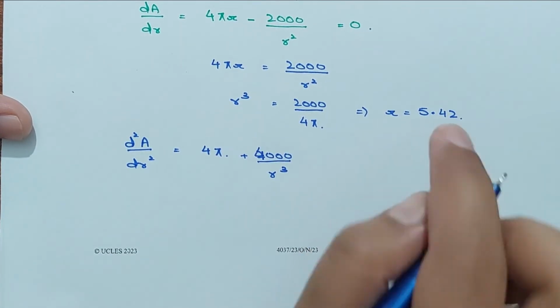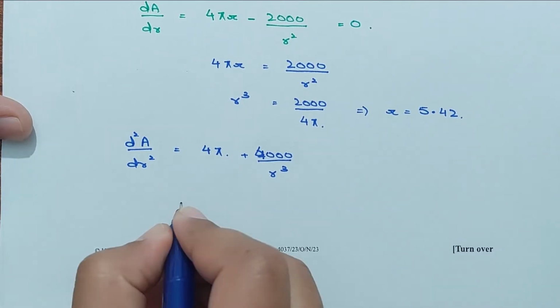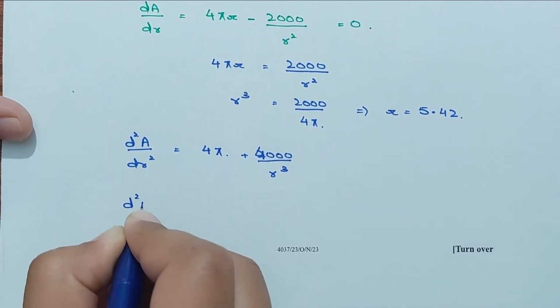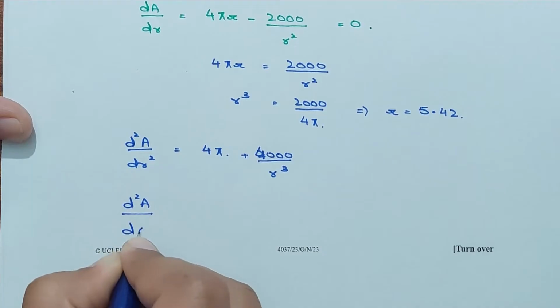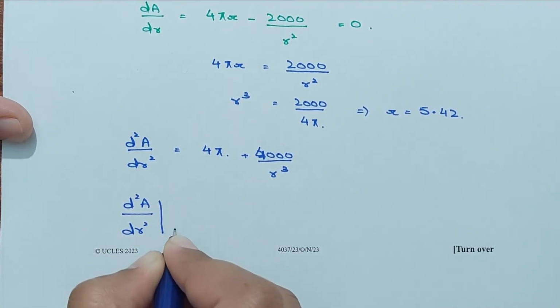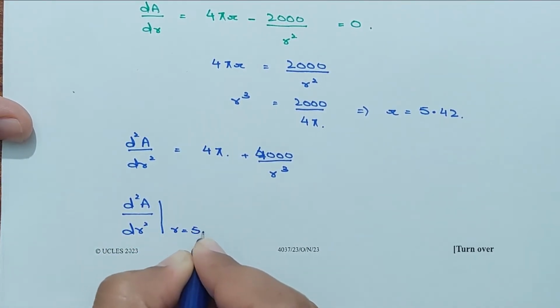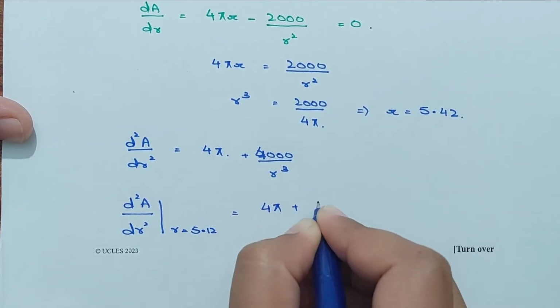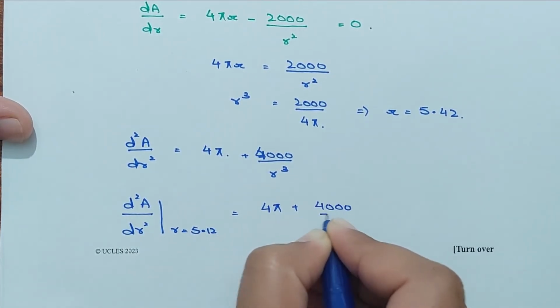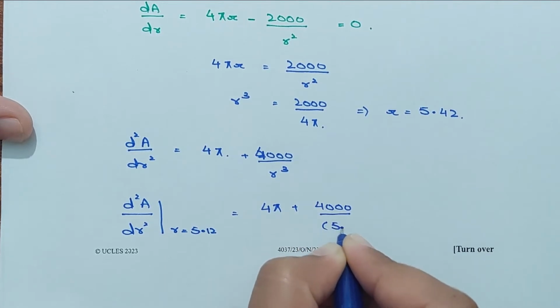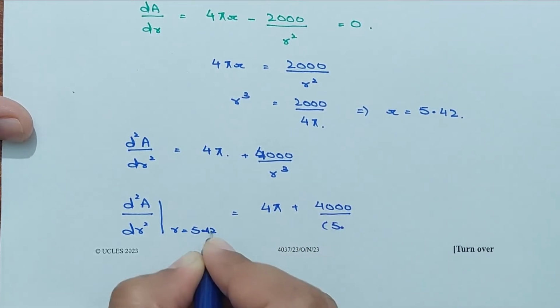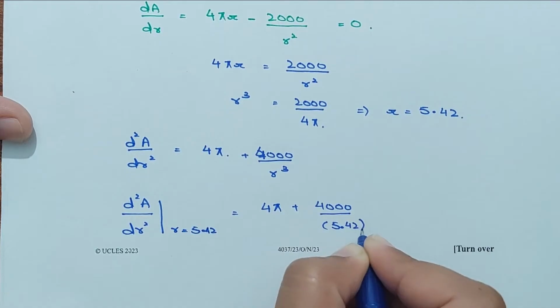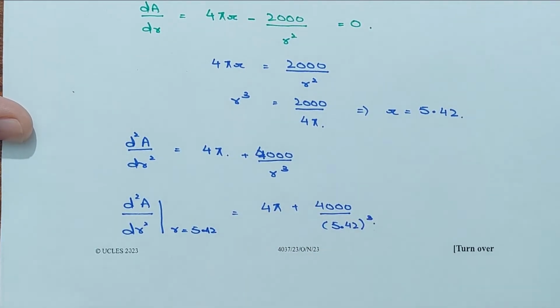So substituting the value of r, which is 5.42, d2A over dr square at r equals 5.42, we have 4 pi plus 4000 over 5.42 whole cube, right?